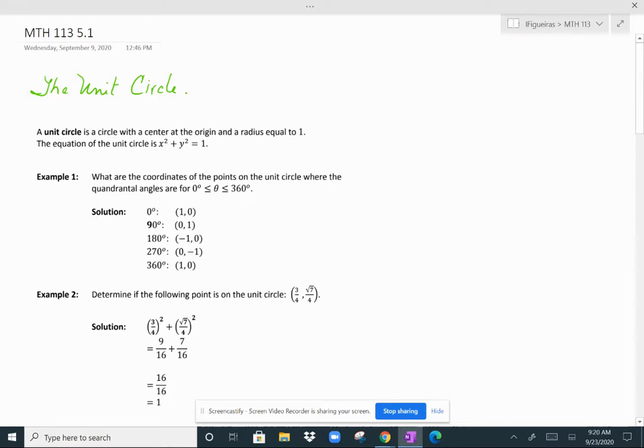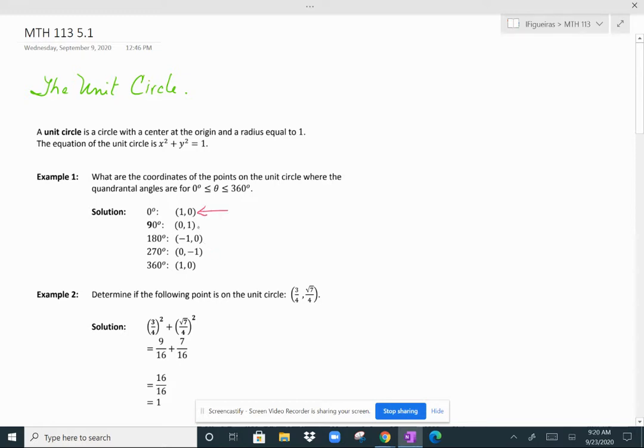So when you are on the unit circle, with respect to your angles, remember you have quadrantal angles at each of the axes. And so when you are at 0 degrees, because the radius is 1, the coordinate would be 1, 0.